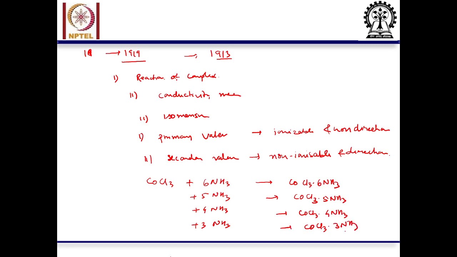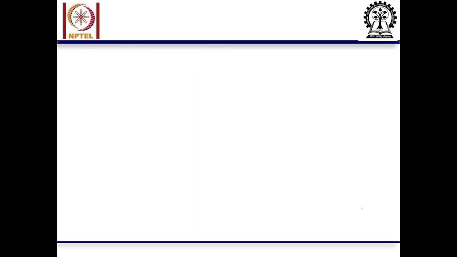Right now he doesn't know what kind of structure it forms. So what he did, he put all of these in solution: cobalt 6 NH3, 5 NH3, 4 NH3 and 3 NH3.